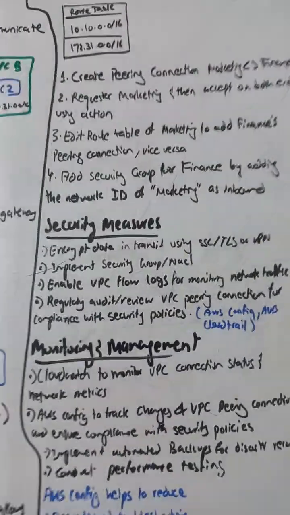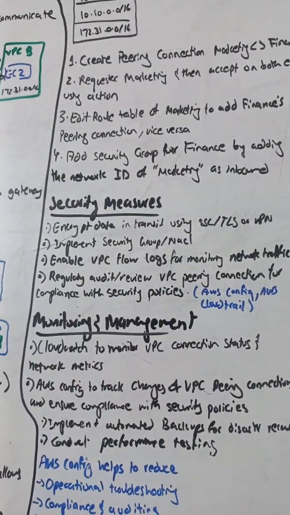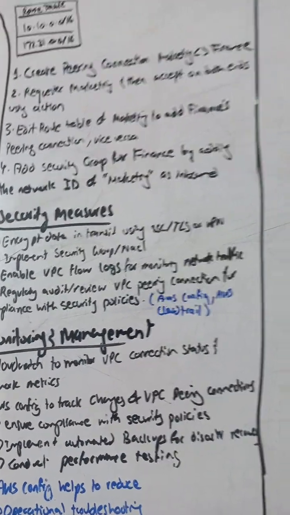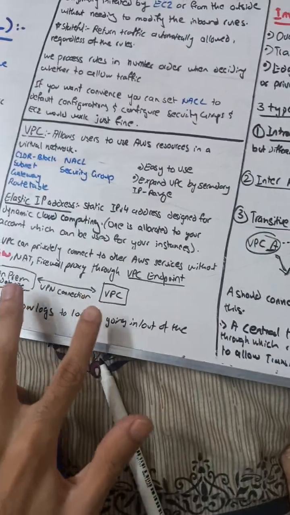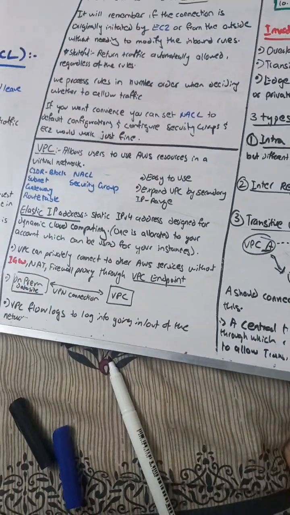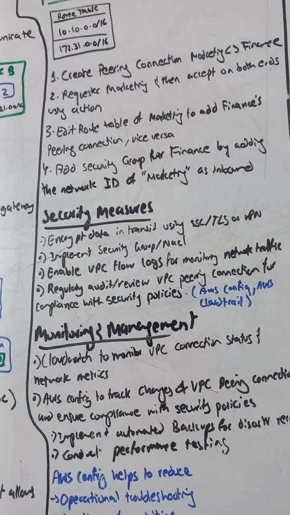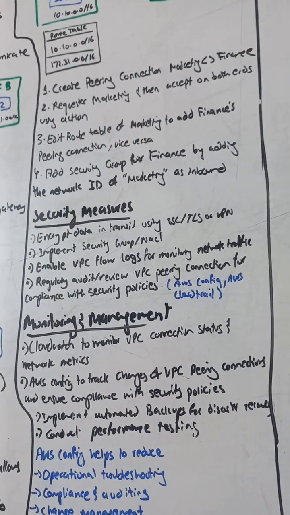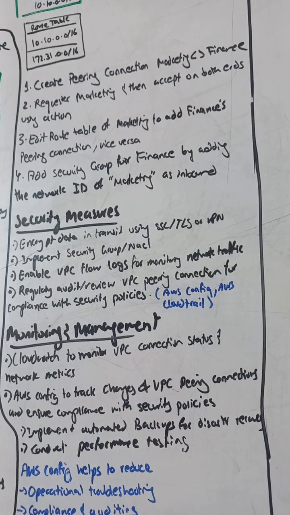Okay, next, security measures. You can encrypt your data when it's in transit using SSL, TLS or VPN, VPN if you are doing it through private data centers. You can implement security groups or network ACLs. We talked about that. You can enable VPC flow logs to monitor your network traffic.